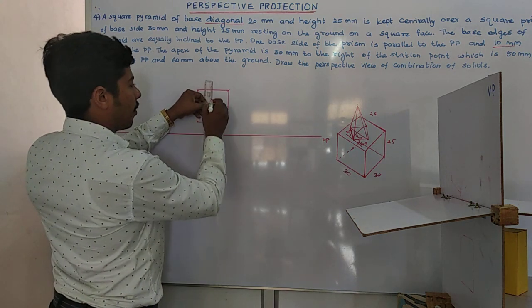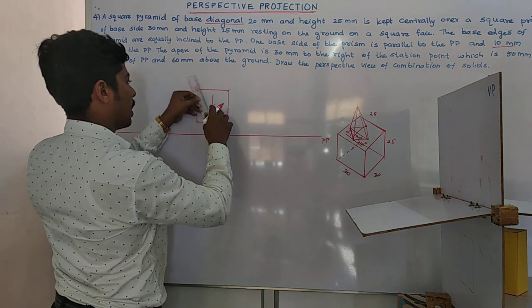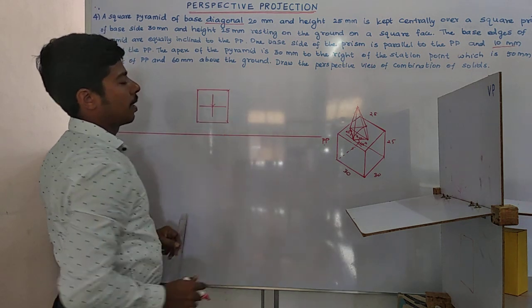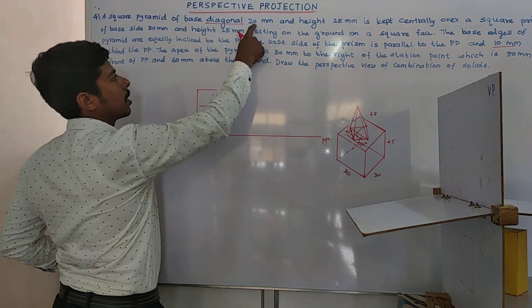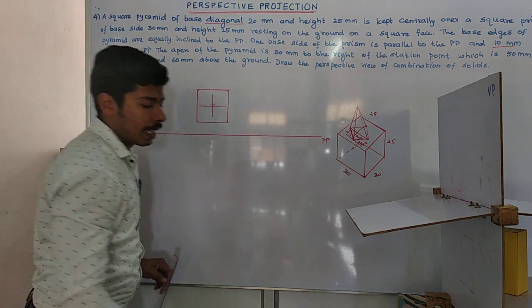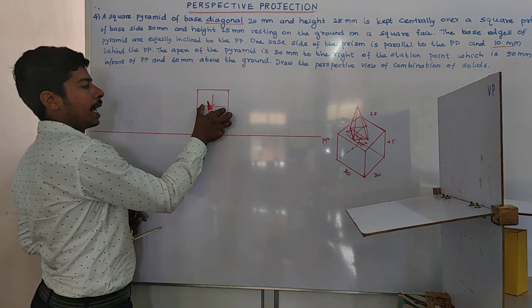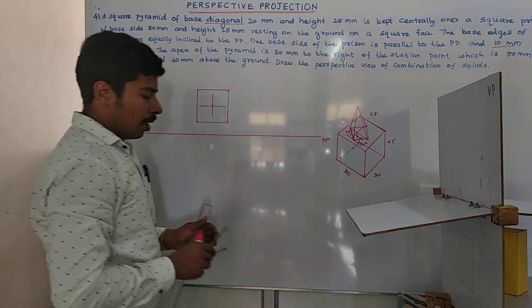Then draw a vertical line and one horizontal line. Now the base diagonal is 20 mm. Diagonal means this way, this base diagonal is 20 mm.